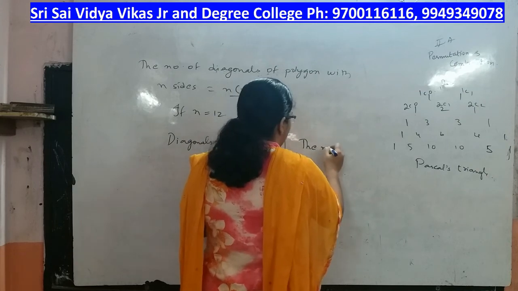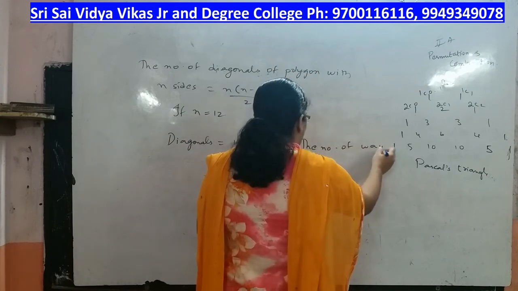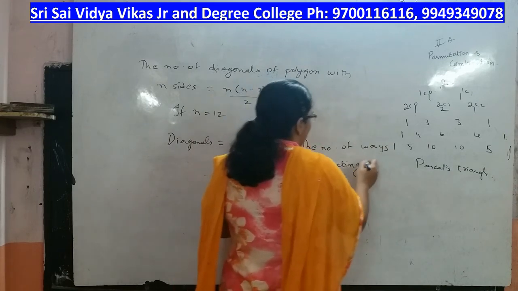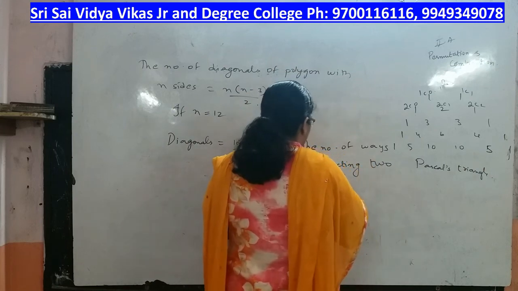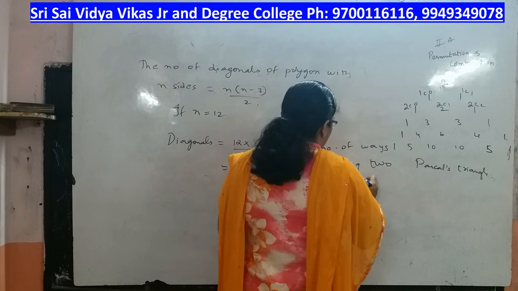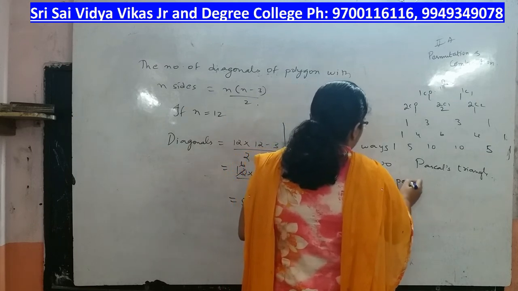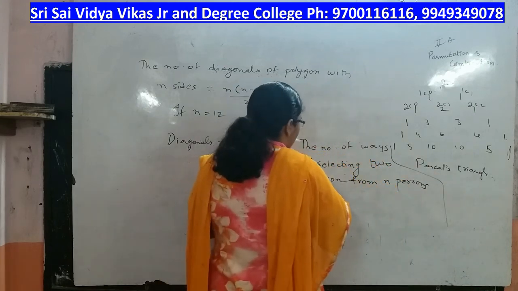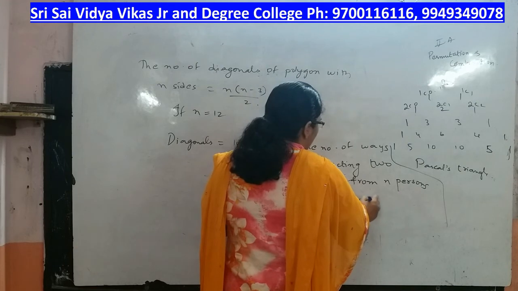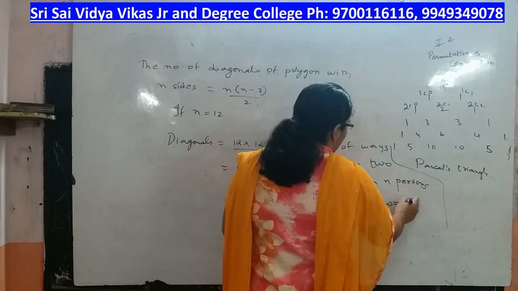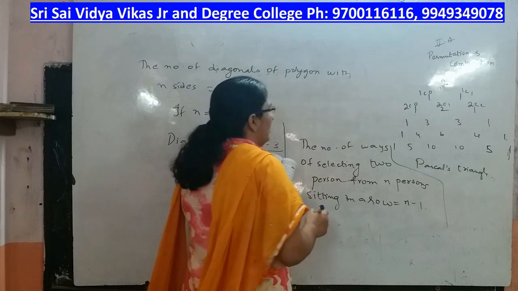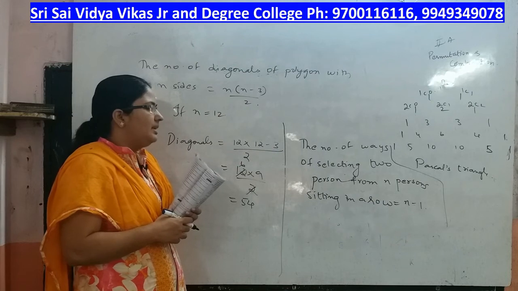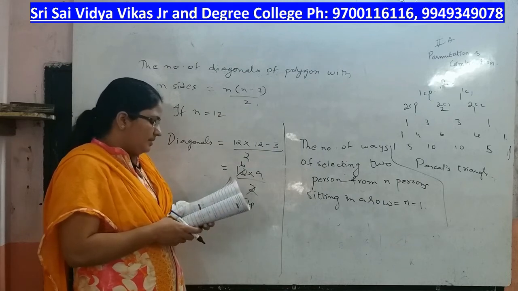The number of ways of selecting two persons from n persons sitting in a row is n minus 1 ways. Because the position of one person will always be fixed, you can select them in n minus 1 ways.